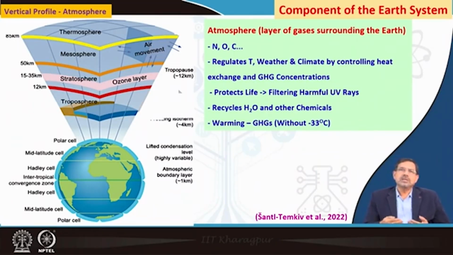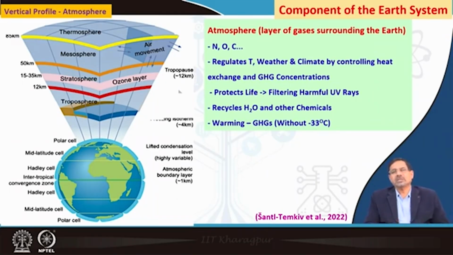So this presence of the greenhouse gas layer in the atmosphere gives a kind of warming effect. So what does it mean? The Earth's average temperature is warmer than what it would have been without the presence of greenhouse gases.